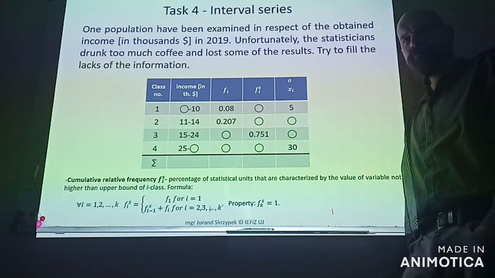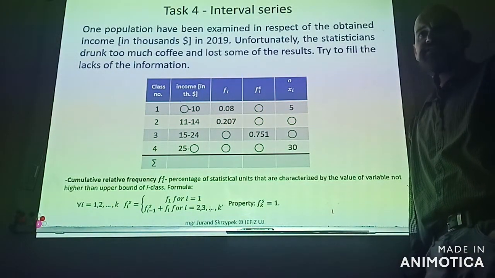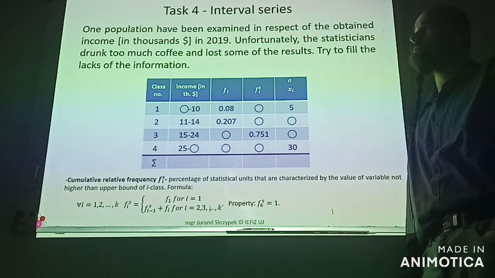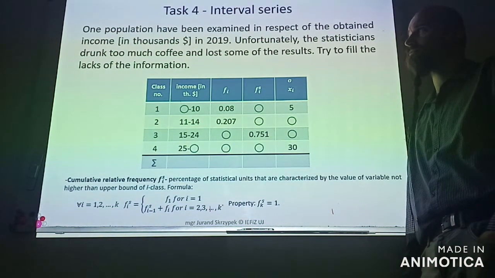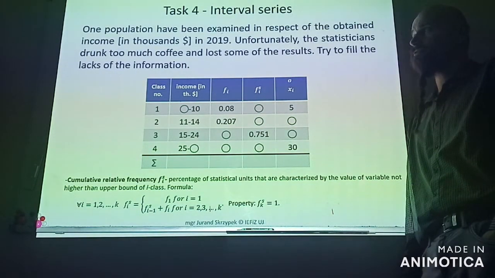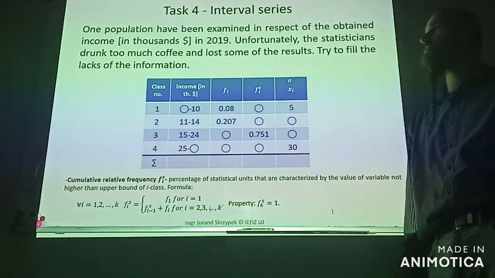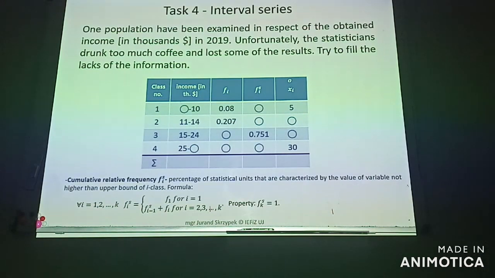Finally, we have the last task for today. One population has been examined in respect of the obtained income in $1,000 in 2019. Unfortunately, the statisticians drank too much coffee and lost some of the results. Try to fill the gaps of the information in the table.